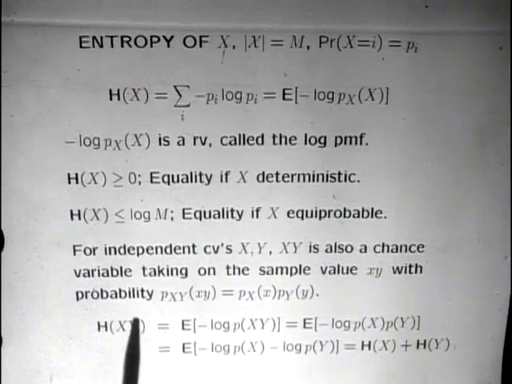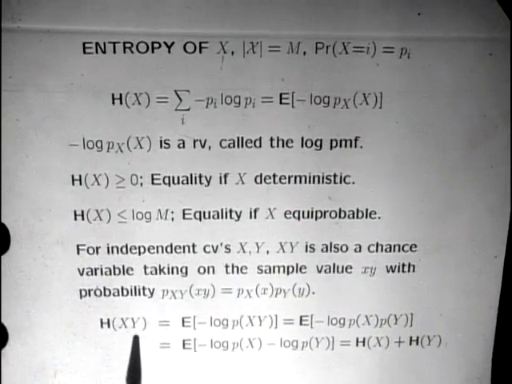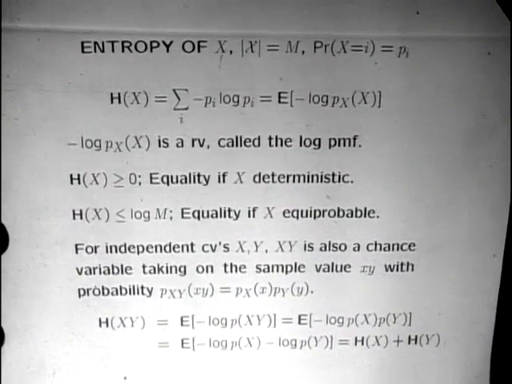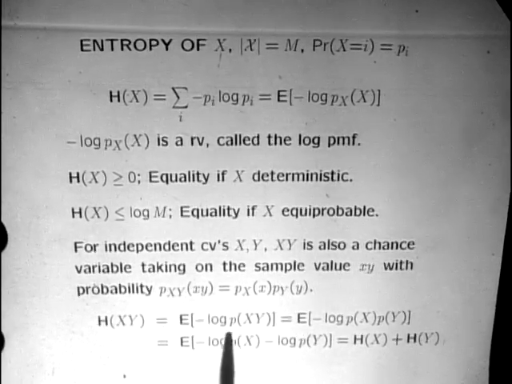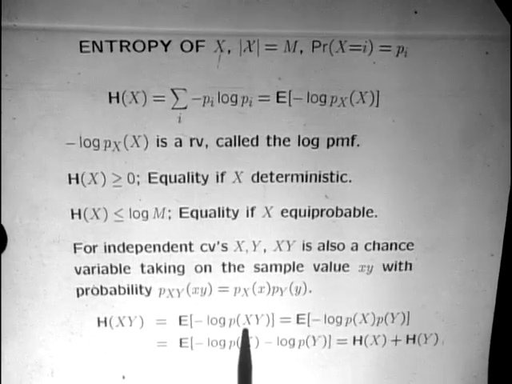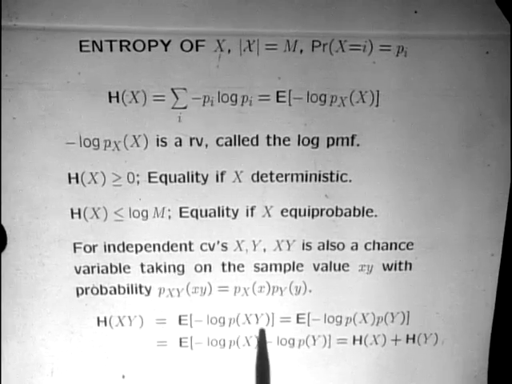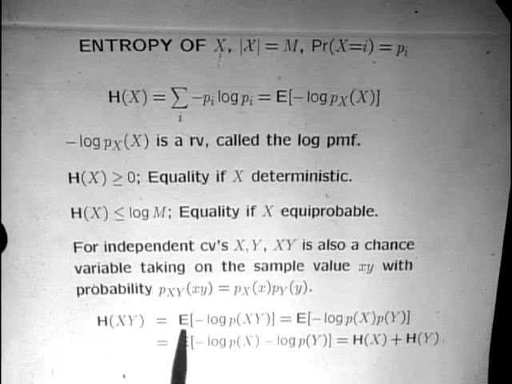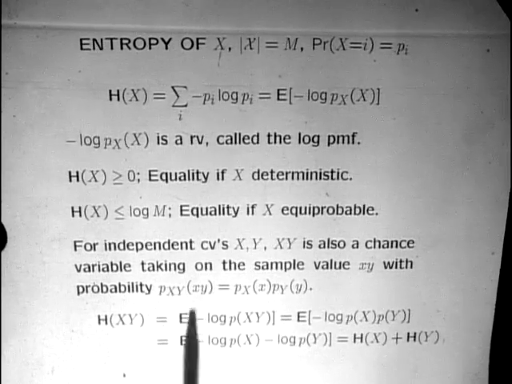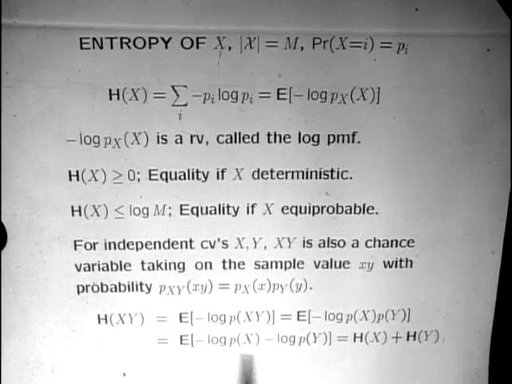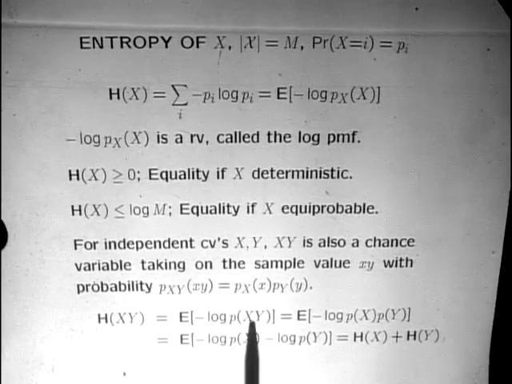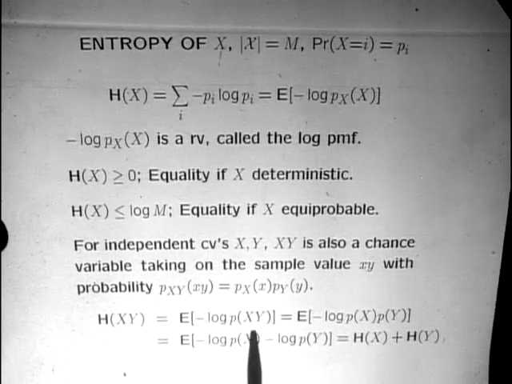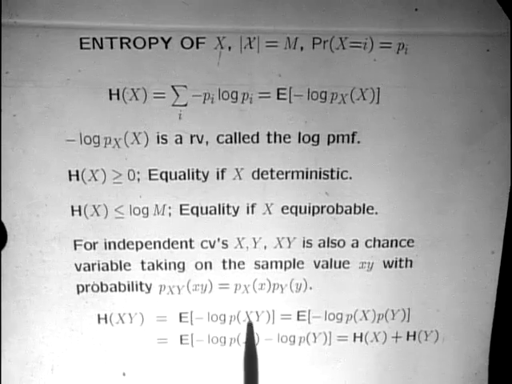Okay, so this entropy h of the chance variable xy is then the expected value of minus the logarithm of the probability of the chance variable xy. Namely, when you take the expected value, you're taking the expected value of a random variable, and for the random variable here, you need the chance variables x, y.